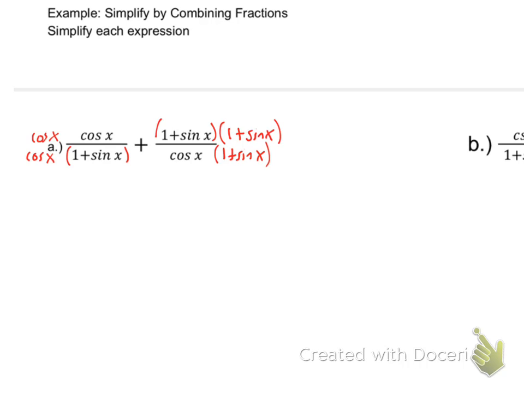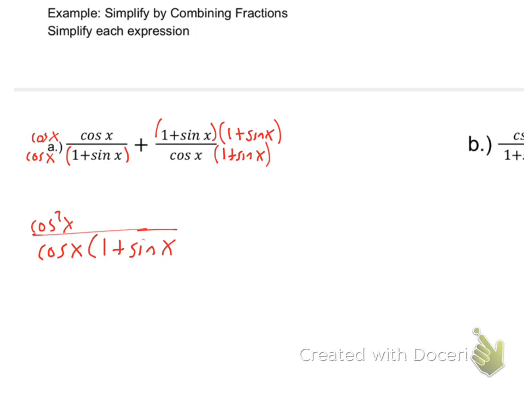So, I think everybody would agree that the bottom would become cosine x times the quantity 1 minus sine x, or 1 plus sine x, yes? The top, cosine times cosine, cosine squared x. And then you have to FOIL. Now, you should know the pattern for that.